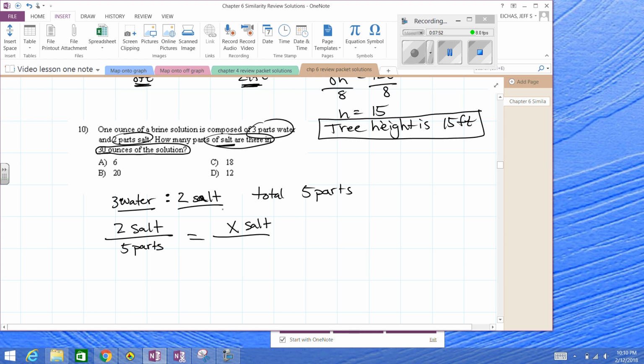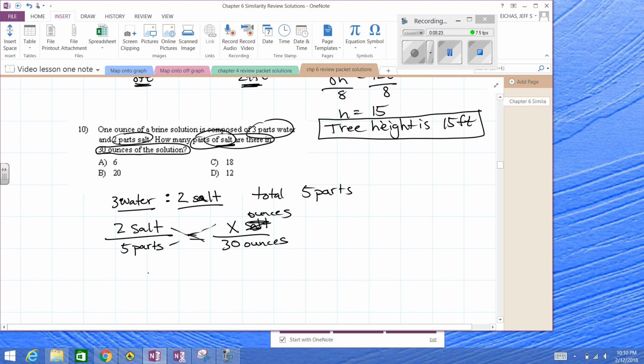Ooh, wait a minute, that's tricky. How many parts of salt? I think they could get how many ounces, but I don't know. This is a little bit tricky. Let's see what happens here, because it's going to be 30 ounces. This looks like it's going to get us the ounces of salt. Let's give this a shot.